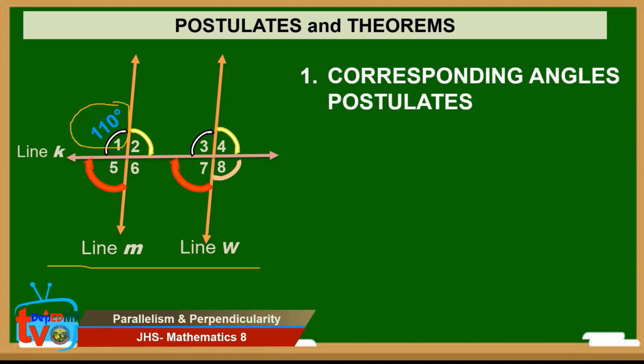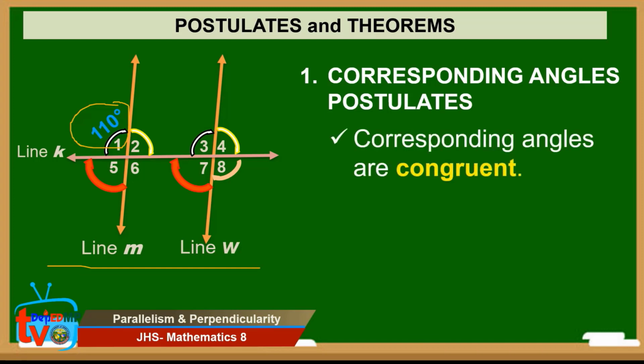If two parallel lines are cut by a transversal, then corresponding angles are congruent. From the figure, one pair of corresponding angles are angle 1 and angle 3. By this postulate, we can conclude that the measure of angle 1 is the same with the measure of angle 3. That's the meaning of congruent.